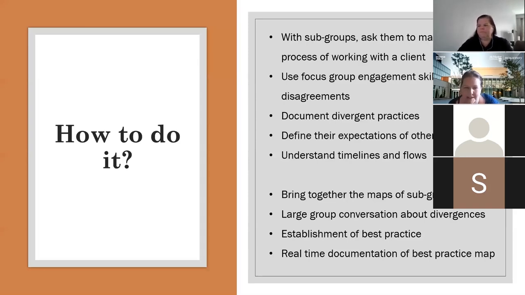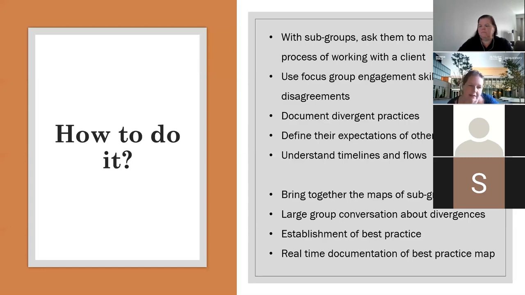Understanding those expectations and how well they feel those are met becomes really important, because you're having these conversations about the process with subgroups. You have the ability to talk to one group about what they expect from another group and talk to the other group about what they're able to deliver, and resolve some of these distinctions between expectations and delivery.